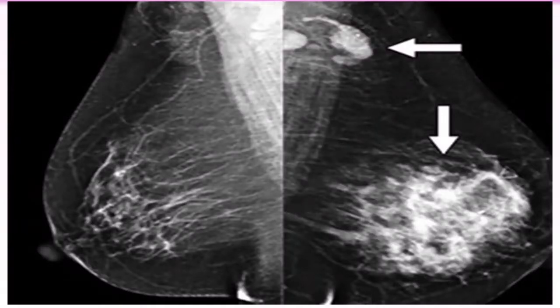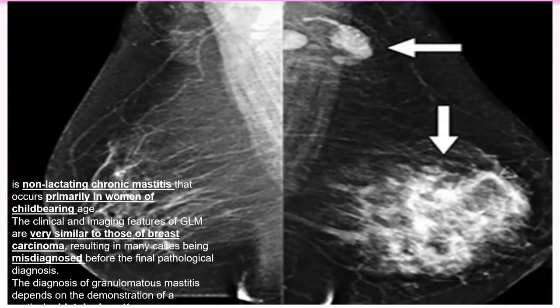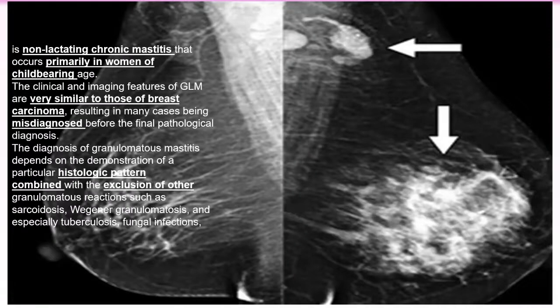Okay. What is the name of idiopathic granulomatous mastitis? We call it granulomatous lobular mastitis. It is a non-lactating chronic mastitis, primarily in women of childbearing age, very similar to breast carcinoma clinically or radiologically, and can be misdiagnosed.